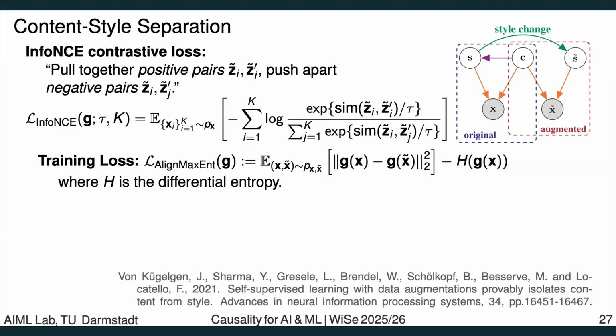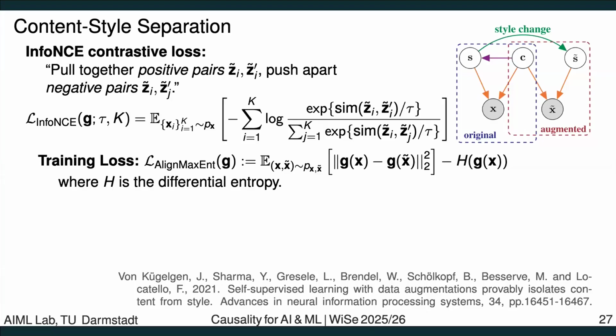Like if we consider images of the same class, we would like to have our content part of this latent vector to be precisely invariant, to be the same value for all of those images.